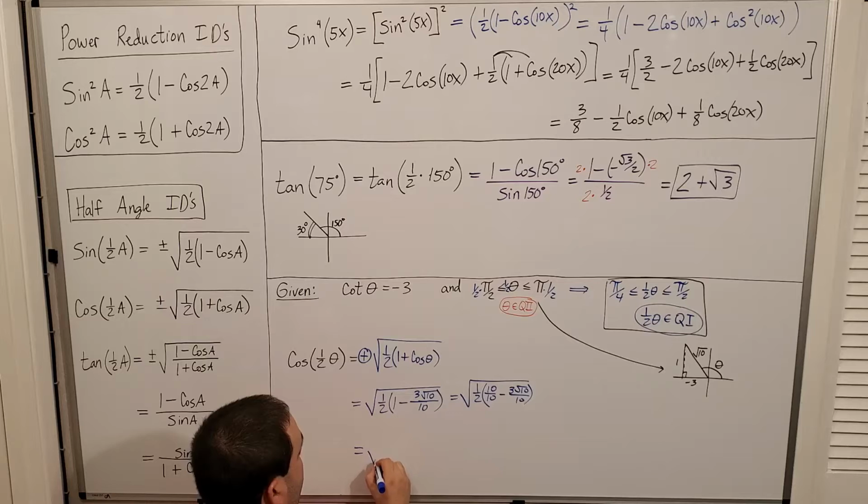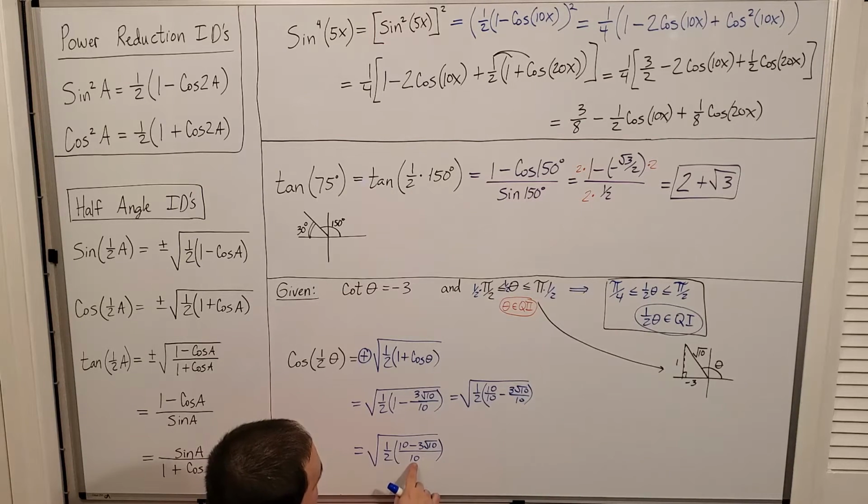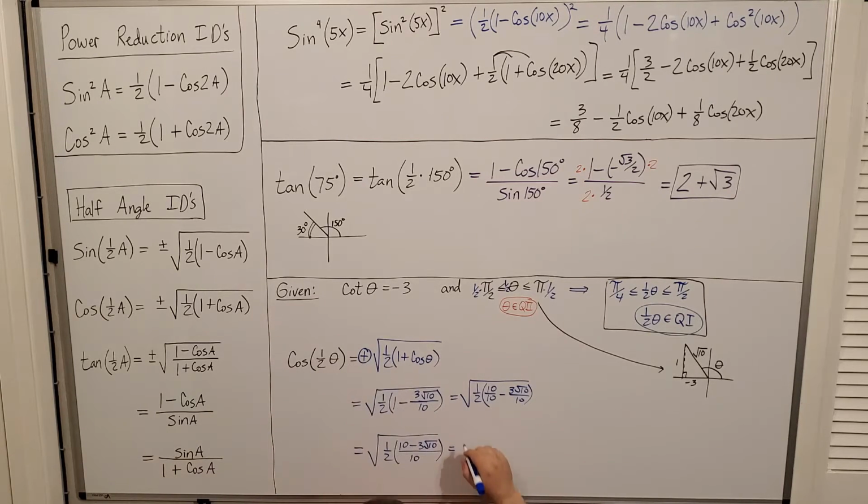Which is then going to show me that I have 1/2 times 10 minus 3 square root of 10 all over 10. And then what I can do with this is just multiply the 2 and the 10. Okay? So then it's telling me that I've got the square root of 1 over 20 times 10 minus 3 square root of 10.